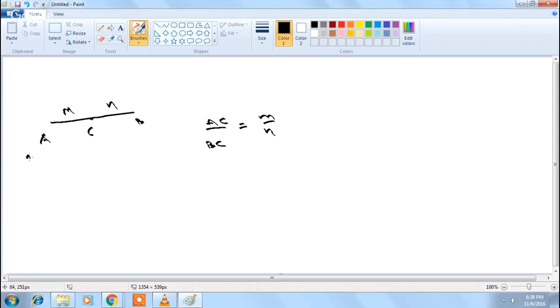Now, the point A coordinates are x1, y1, and the point B coordinates are x2, y2. Then, what are the coordinates of C? So, C is equal to (nA plus mB) divided by (m plus n). Yes, this is a shortcut process.